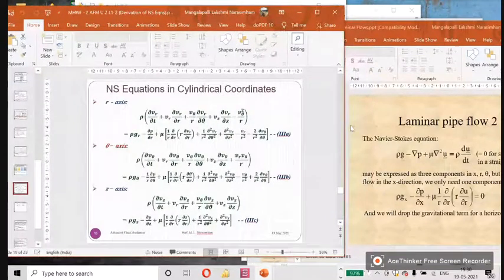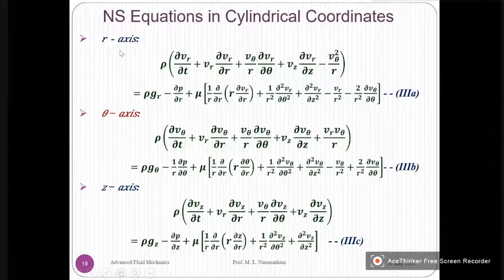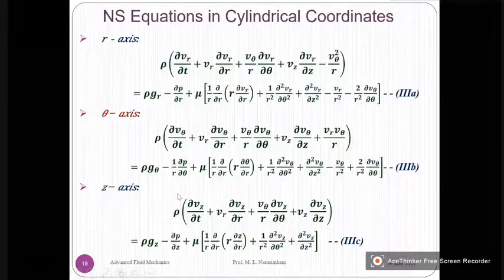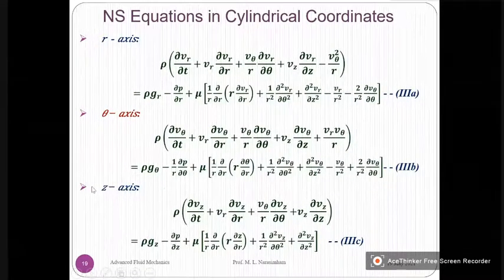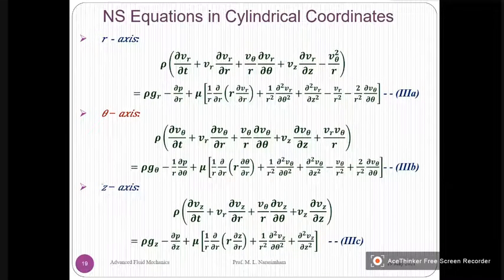So these are the equations, Navier-Stokes equations in r direction, theta direction, z direction. Now in the present case, this z direction is nothing but the x direction. You replace this z and write it as x.